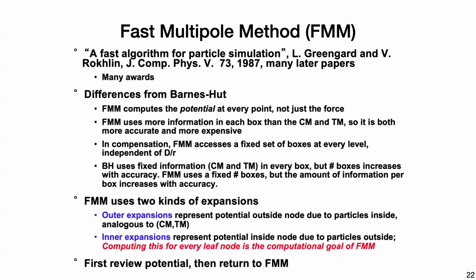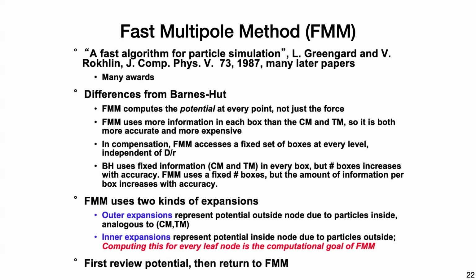Because it computes this potential, the way that it gets down to order n is that it computes a fixed set of boxes at every level. So it doesn't use this d over r parameter anymore. The number of boxes computed at every level is fixed based on the neighborhood information in the quadtree.